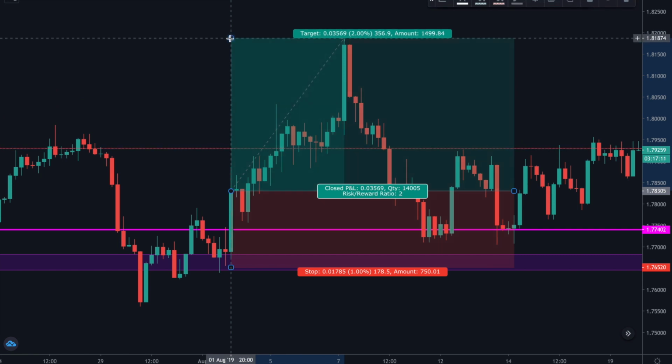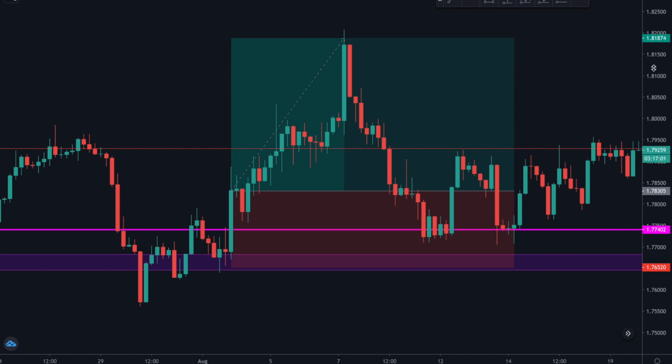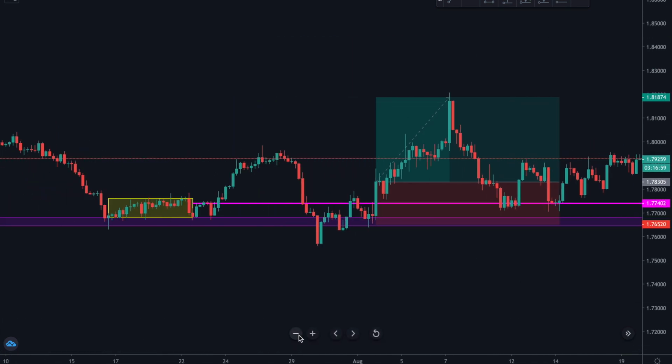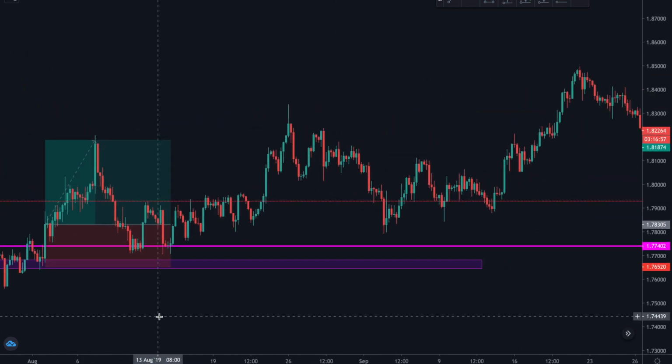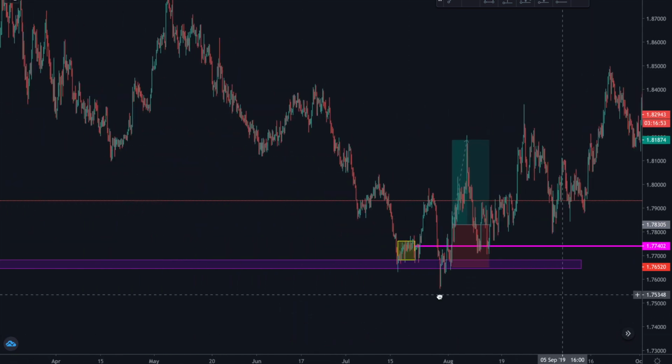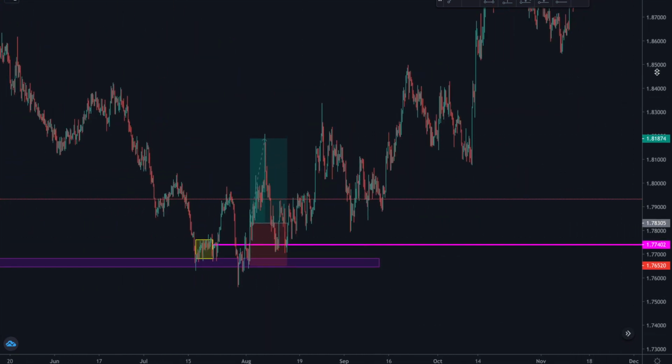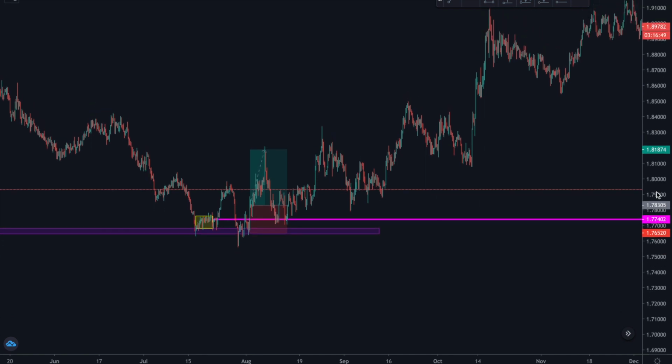But since it's a very powerful setup, let's see what happens next. And as you can see, boom, price goes up drastically.